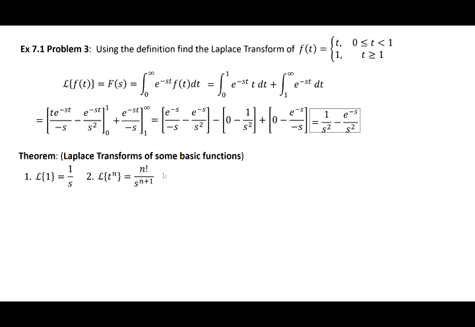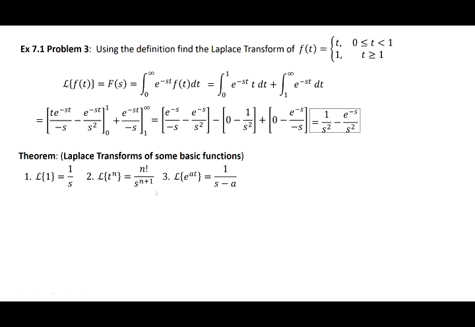But when you get to a slightly higher level, you will learn about something called a gamma function, and you can actually talk about factorials of fractions and stuff like that. So right now, because we are not familiar with gamma functions, let's restrict ourselves to n being a whole number. Cool? So Laplace of t to the n is equal to n factorial over s to the n plus 1.